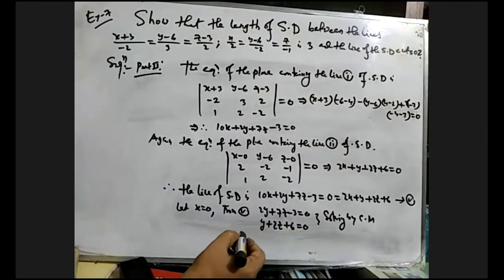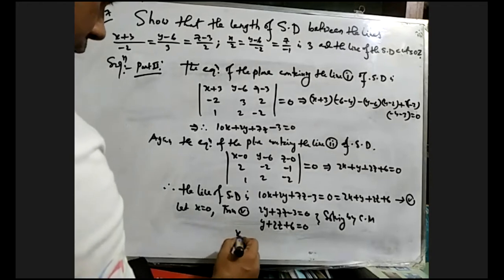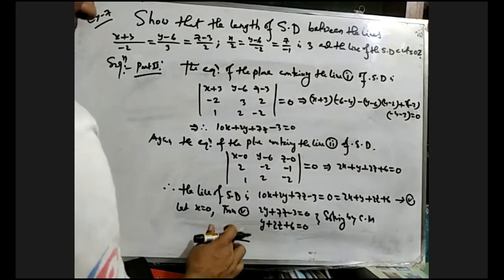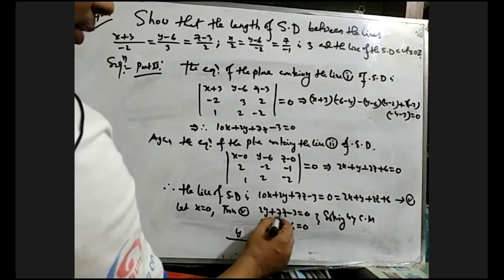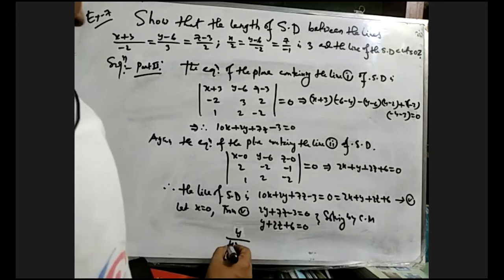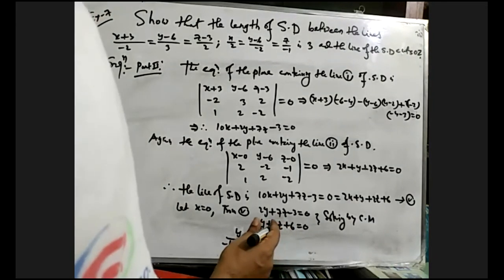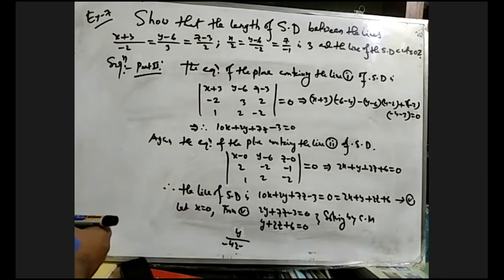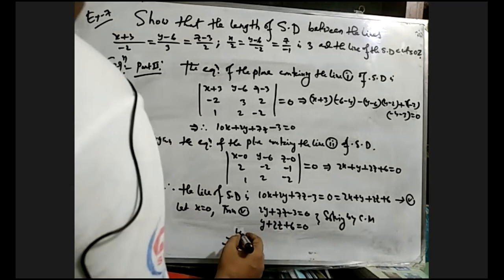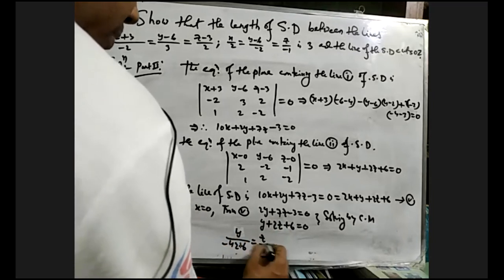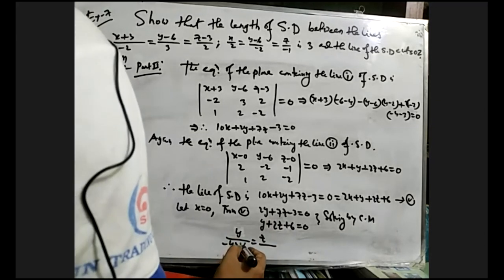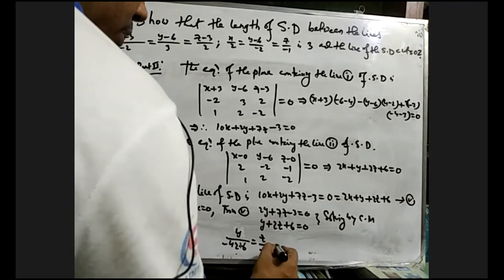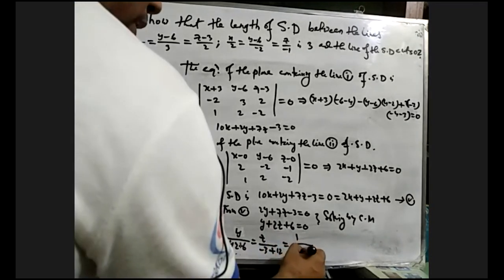So solving this by cross multiplication, we get y divided by minus 42 plus 6, equals z divided by minus 3 plus 12, equals 1 divided by 4 minus 7.